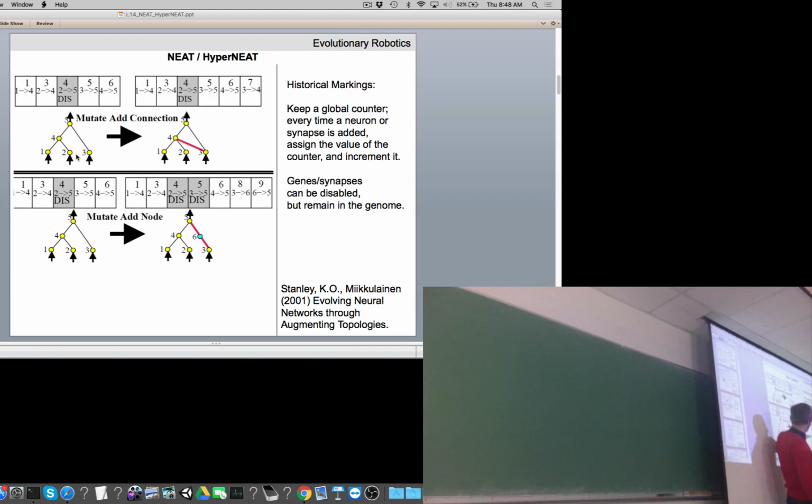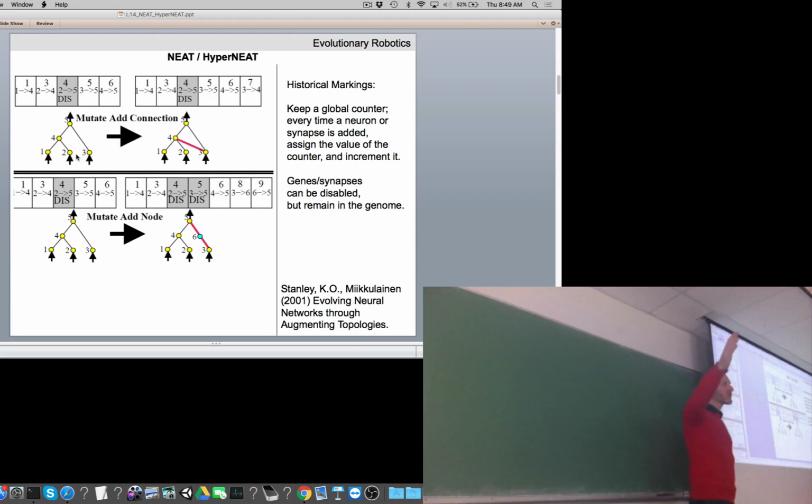When a node is added here in the middle of this synapse, we disable this synapse and add 2 new synapses, one that connects 3 to 6 and another one that connects 6 to 5. We've created 2 new synapses, so we give the global counter value to these new synapses, 8 and then 9.